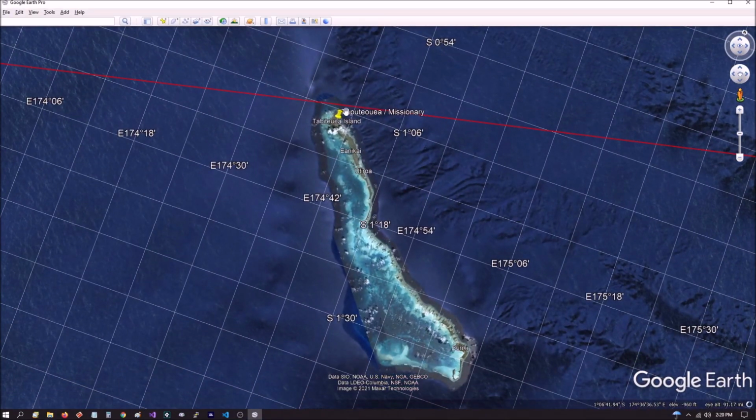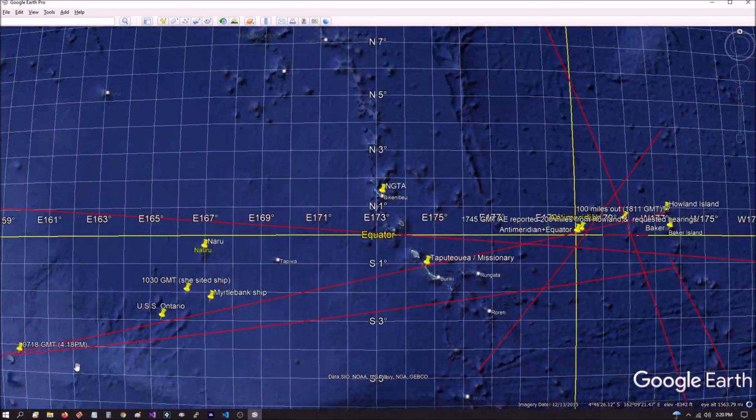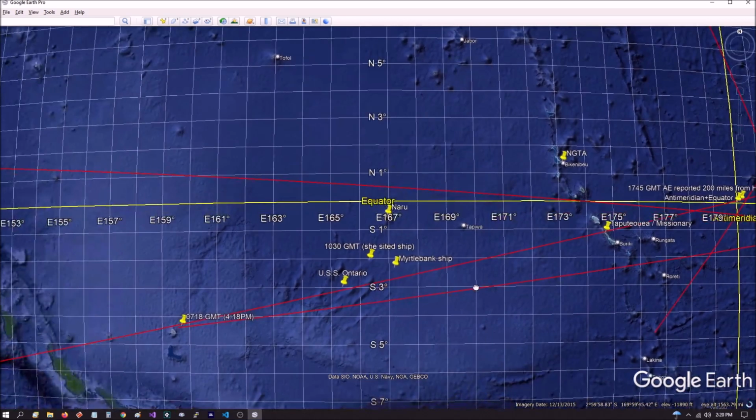So she would have been slightly north if she was on that path. I believe they were south of it. I don't think that they went north. And the reason why I'm saying that is because neither of these two ships saw her plane. And this guy might have been wrong when he said she's 60 miles south, when he was trying to use the radio.